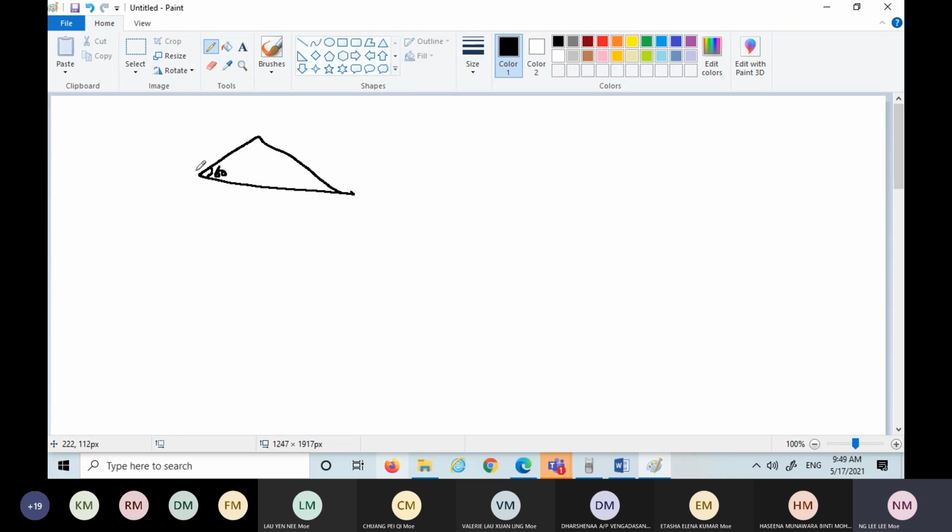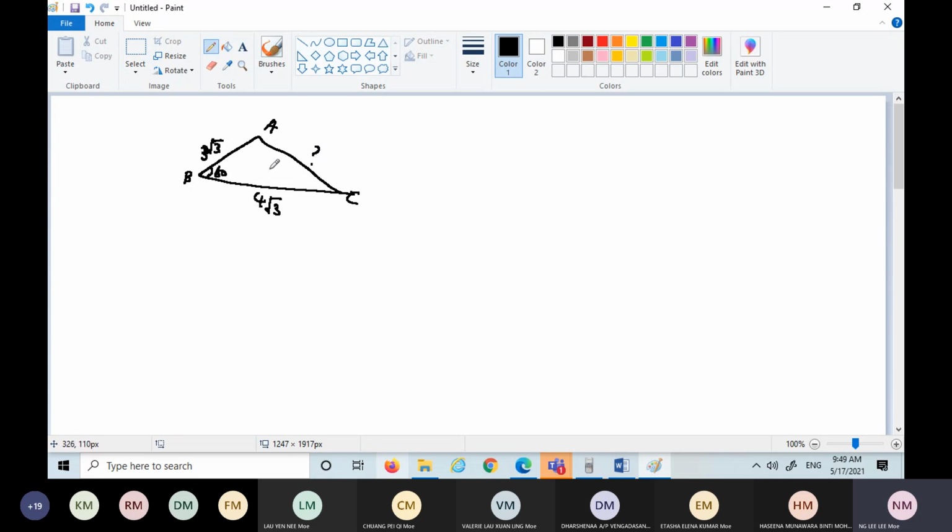Here is 60 degrees. This is angle B. AB has length 3 square root 3. BC, this length, is 4 square root 3. Determine the length of AC. Asking for this length.